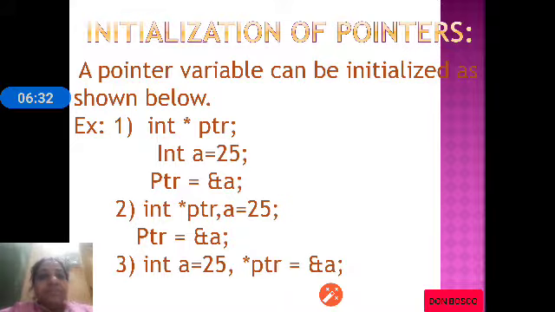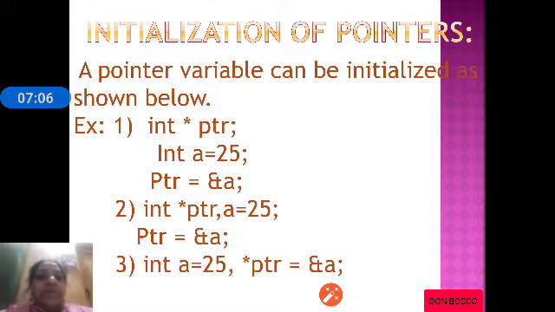For example, int star ptr, int a is equal to 25, ptr is equal to &a. &a gives the address of a, which will be stored in ptr. ptr is a pointer whose data type is int, which means ptr can store the address of an integer. Int a is equal to 25, that is a is a normal variable. Now we want to store the address of a in ptr.